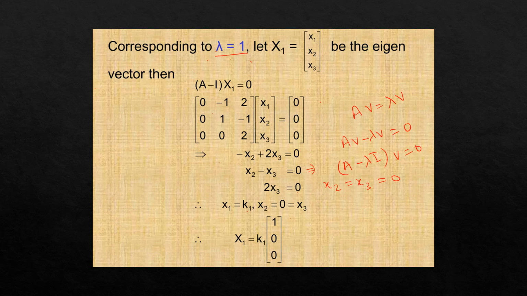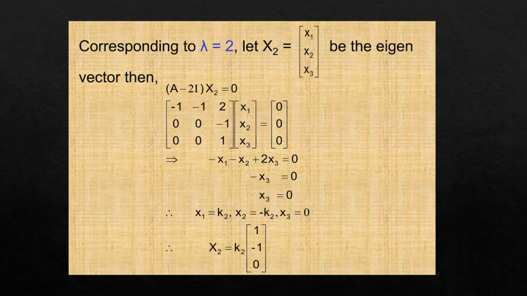I assumed x1 is some constant k1, and every other variable in my vector, like x2 and x3, is k times x1. We know x2 and x3 are 0, so we'll have the eigenvector as 1, 0, 0.